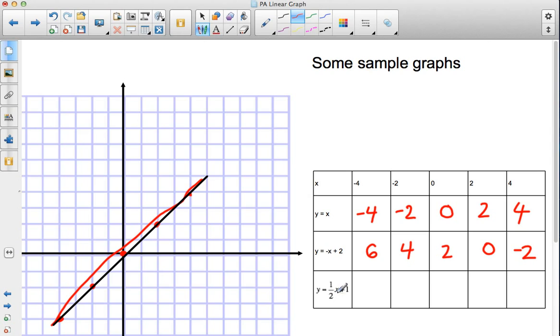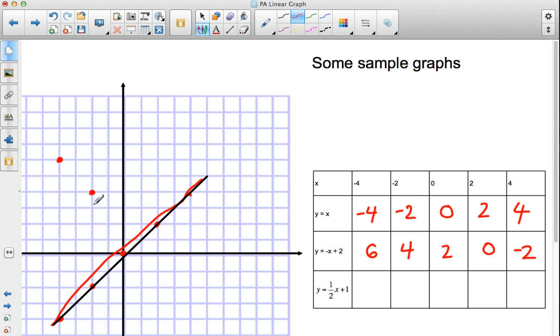And now I have y equals 1/2 x plus 1. And I plug in my values. I start with -4. Oh, maybe we should go back and graph this first. So if x equals -4, y equals a +6. Whoa, so we're going this way. 1, 2, 3, 4, 5, 6. And then if x equals -2, y equals a +4.